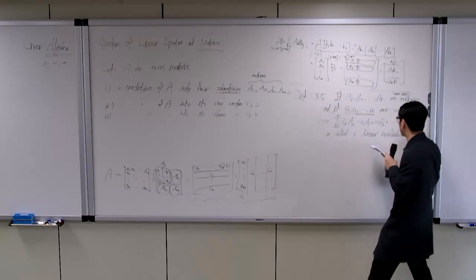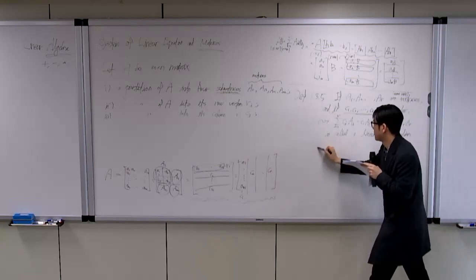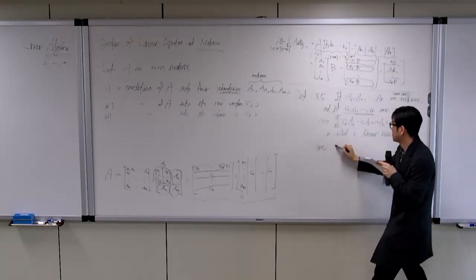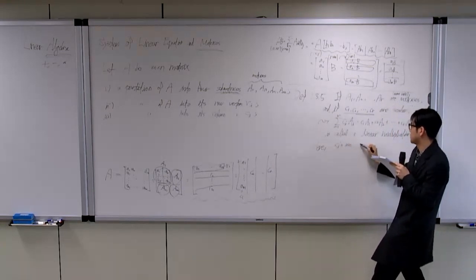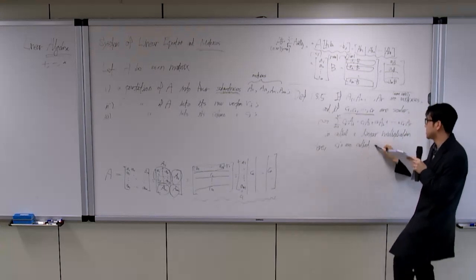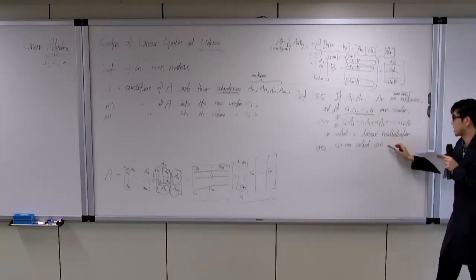So here the c_i are called the coefficients of the linear combination.